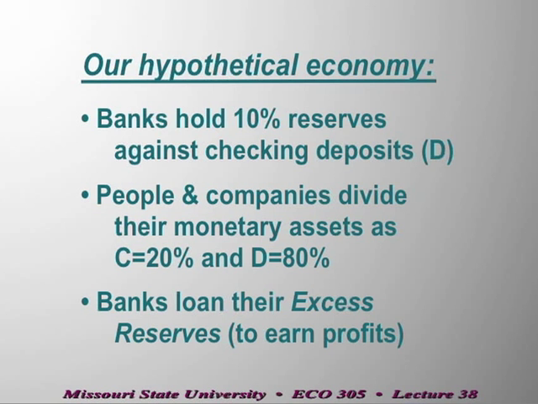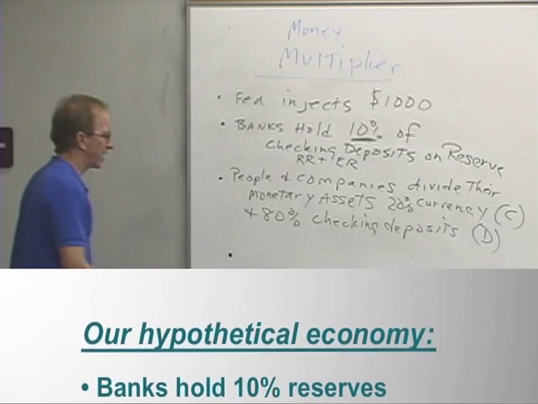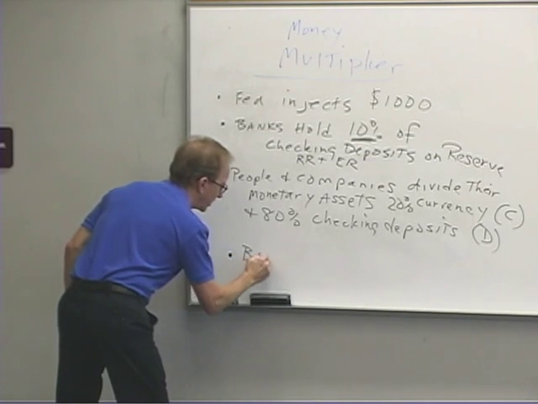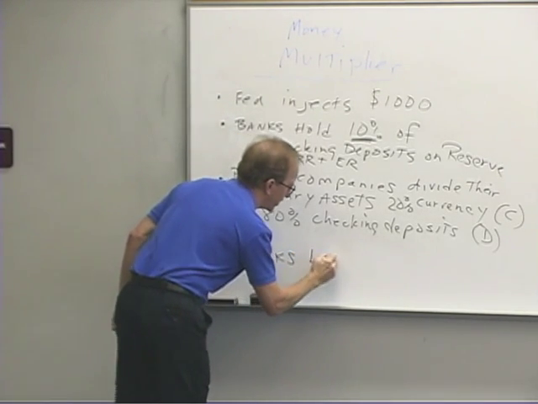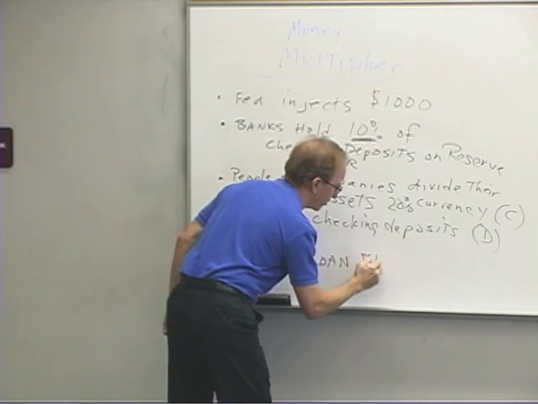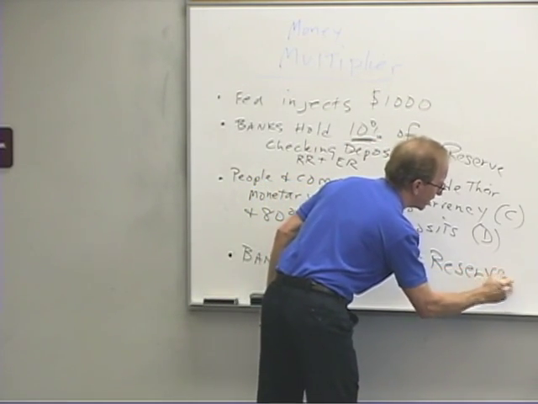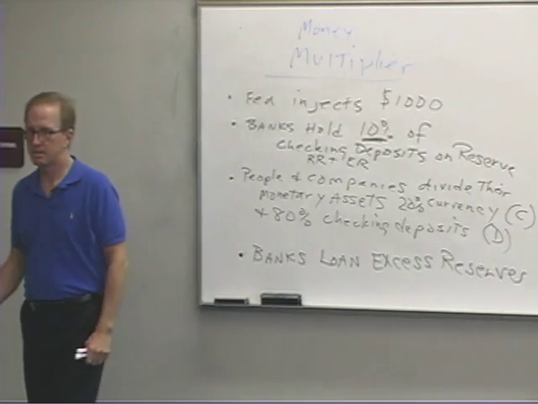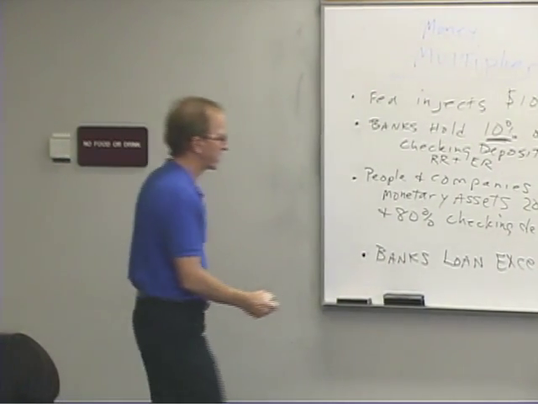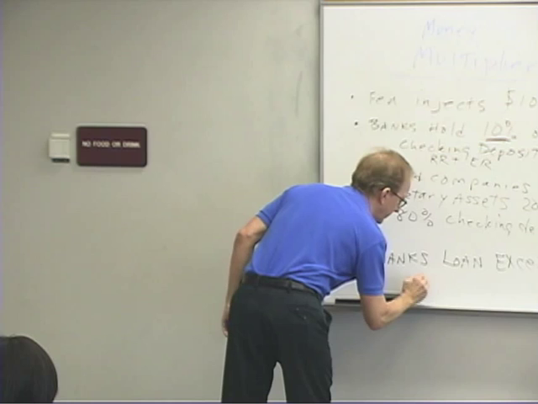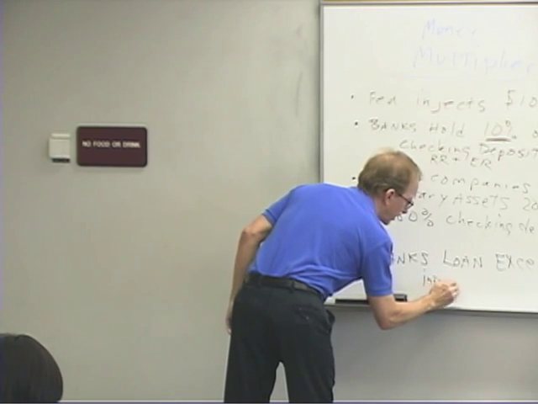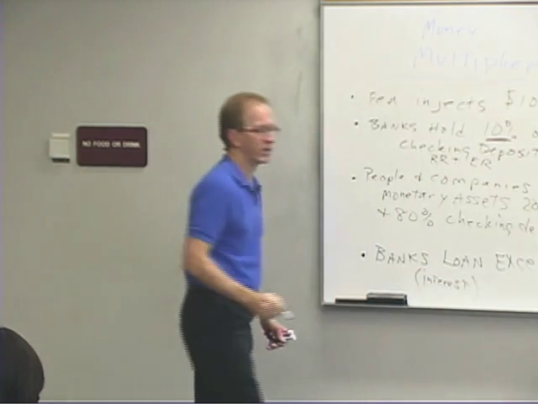I guess the other thing I will say is this, is that banks loan excess reserves. Why? For interest. And so this is just the profit motive that's motivating them.